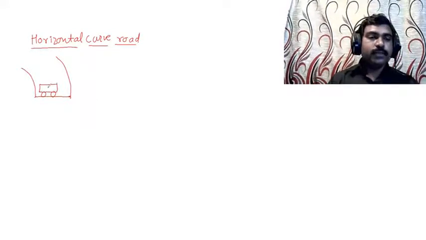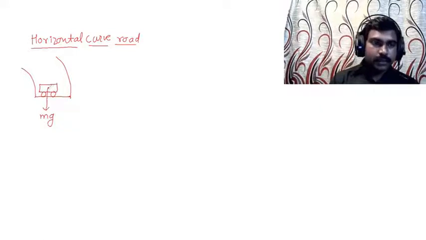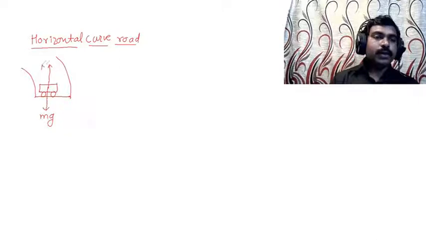Force number one is the weight of the body, directed always towards the center of the earth, which is given by mg. As the vehicle is on the surface of the road, a normal reaction is given by the road on it.